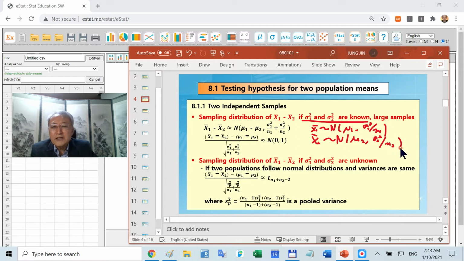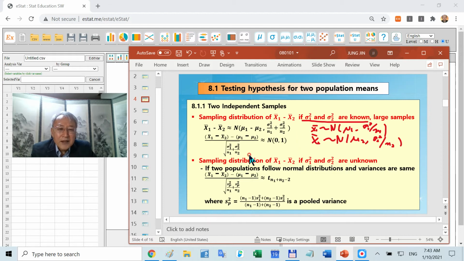It looks similar to the previous chapter 7. We discussed this sampling distribution in chapter 6. The distribution of x1 bar minus x2 bar has mean mu1 minus mu2. The variance is just the addition of them. You can guess what it looks like.